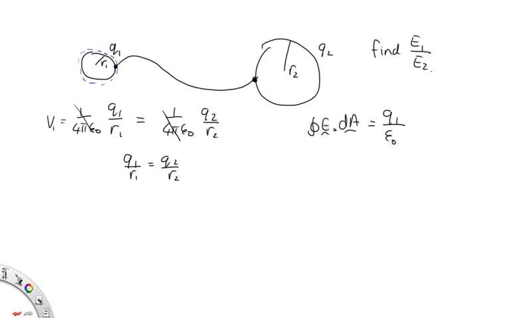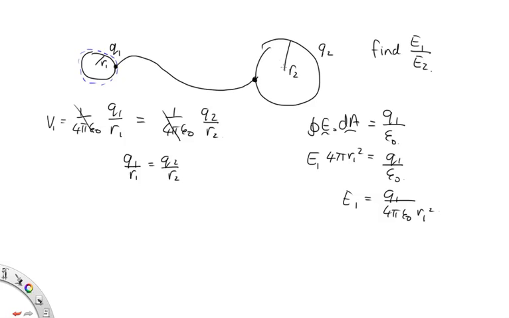The electric field, that's what we're trying to find, is constant over this surface, so we can pull it out the front of the integral, and then we're integrating over the surface area. So that gives us the surface area of this sphere, which is 4 pi R1 squared, and that is equal to Q1 on epsilon naught, and this is E1, the electric field at the surface of sphere 1. So E1 is equal to Q1 over 4 pi epsilon naught R1 squared.